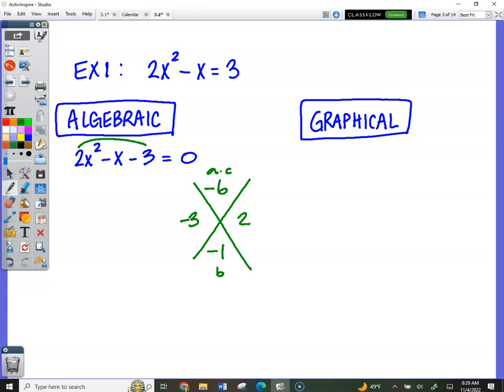Okay, so we're going to rewrite the middle term using these two numbers. So instead of having minus x, I'm going to write minus 3x plus 2x.